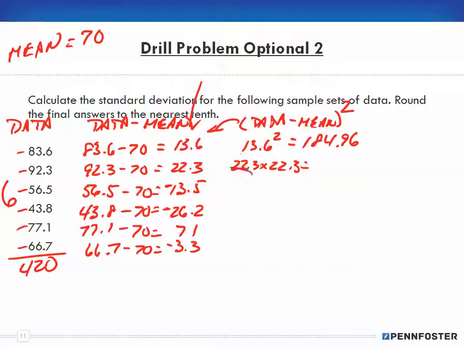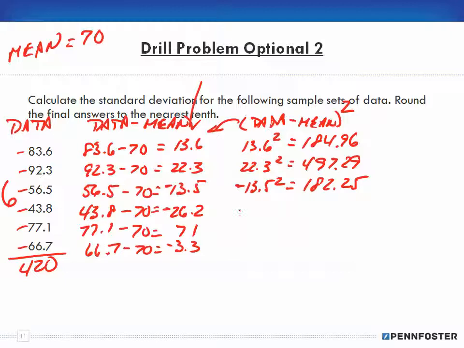So 22.3 squared is 497.29. Then a minus 13.5 squared, remember a minus times a minus is a plus, so we still end up with a positive number, 182.25. When you're doing this, all of your numbers should be positive.